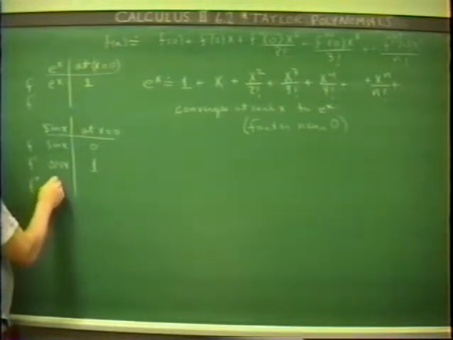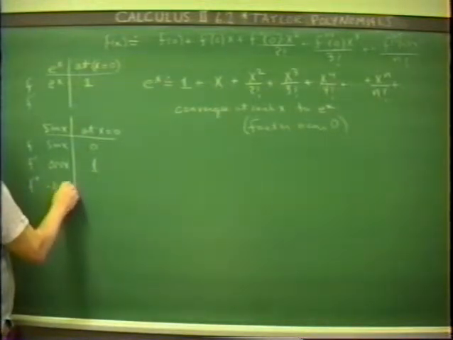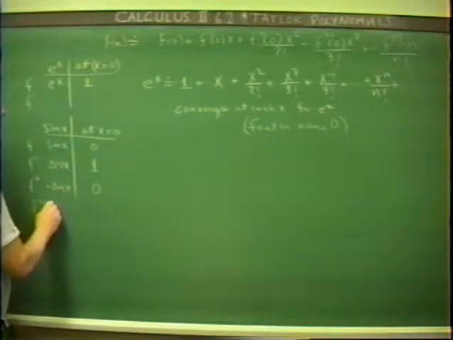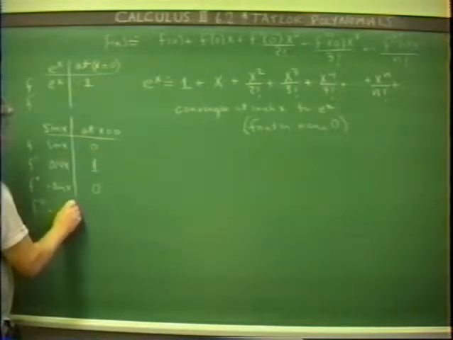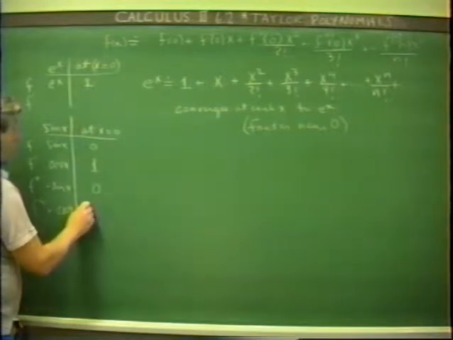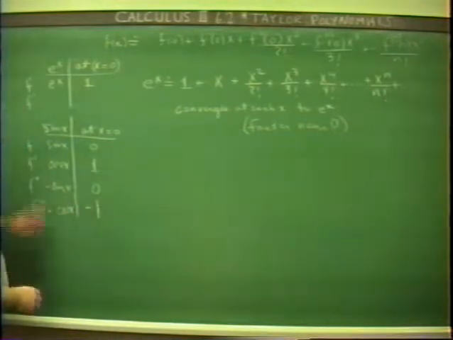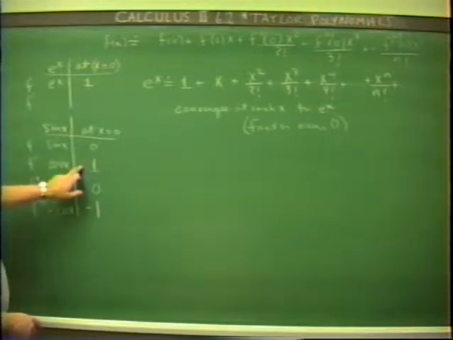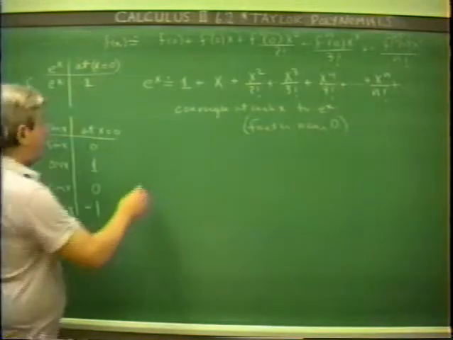The second derivative is minus the sine of x. At 0, that's 0. The third derivative is minus the cosine of x. And at 0, that's what? Minus 1. And now this repeats. So the fourth derivative is this at 0. Fifth derivative, sixth derivative, seventh derivative, eighth derivative, ninth derivative, 10th derivative, and so forth here.